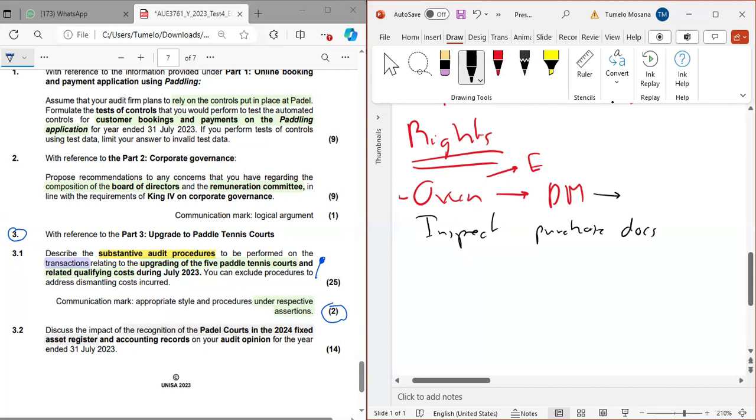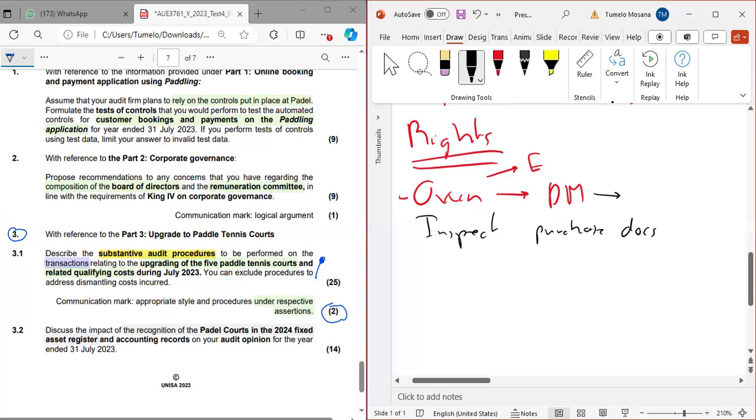There is an invoice provided to you, and you obtain the right and ownership to this inventory the moment it leaves the factory or the moment it arrives at your place. You need to check, because something in transit that you do not own as yet should not be in your books. But if it is in transit and not with you, but you own it, it should be within your books. So I would go to the purchase document to check.